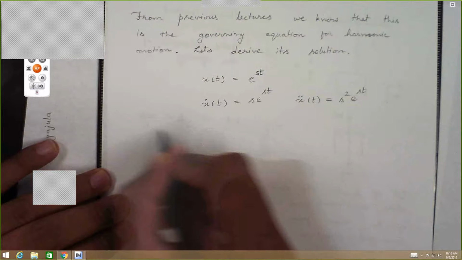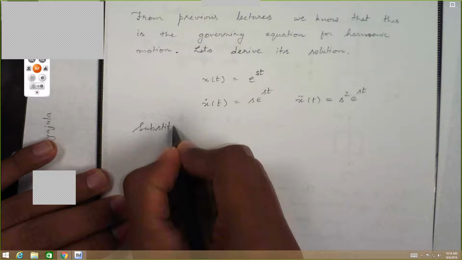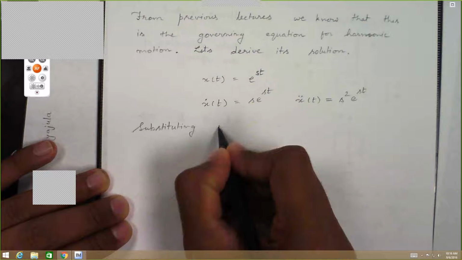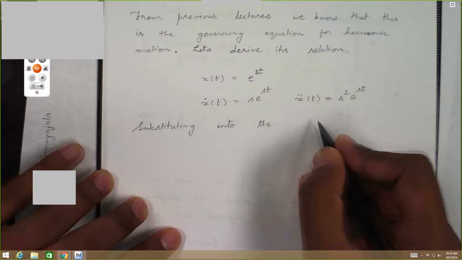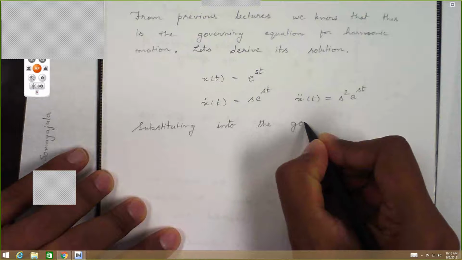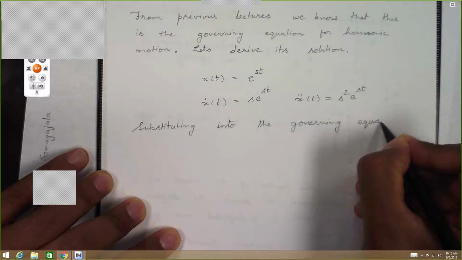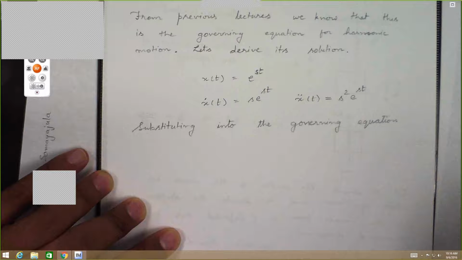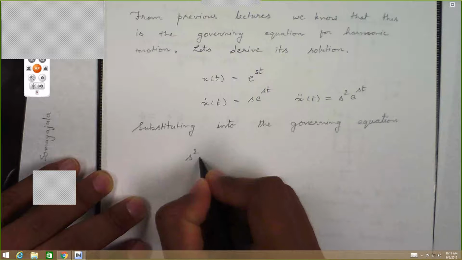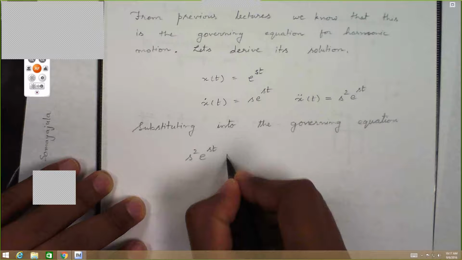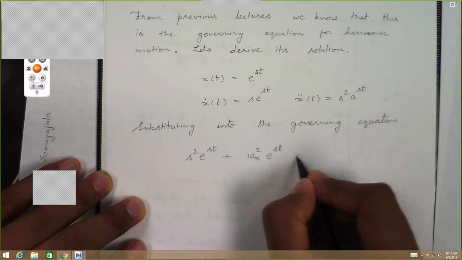Okay. So, substituting into the governing equation, we get s square e to the power st plus omega n square e to the power st is equal to 0.